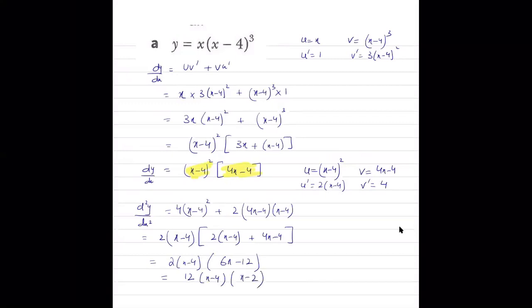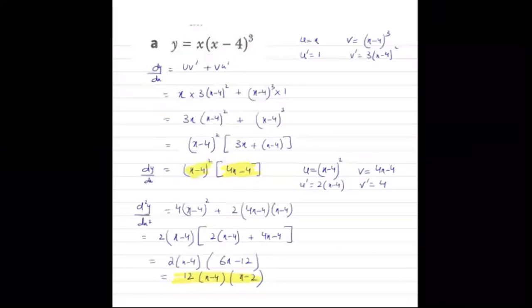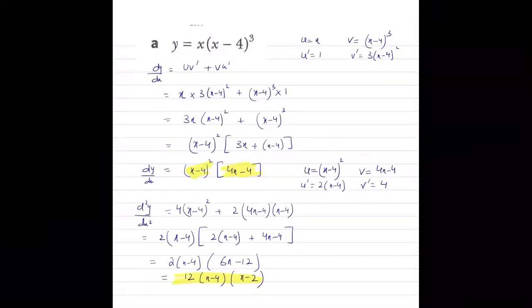Do you understand the last step? No. Okay. What I did was, is everyone clear till this step? Yes, sir. Okay. So from here to here, what I just did was, from 6x minus 12, I took 6 common.